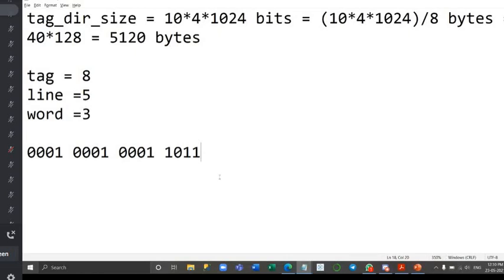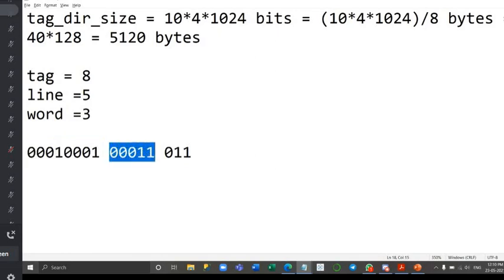According to this 8, 5, 3 architecture, I'll concatenate all these first and split the 16 bits into 8, 5, and 3 parts. I split 3 here, so this part becomes my word. I split 5 here, and this part becomes my line. And this entire 8 bits becomes my tag.